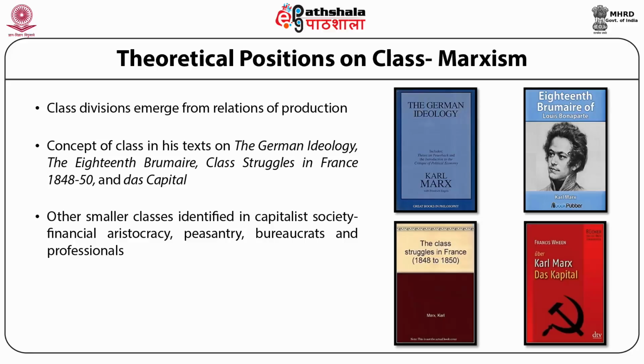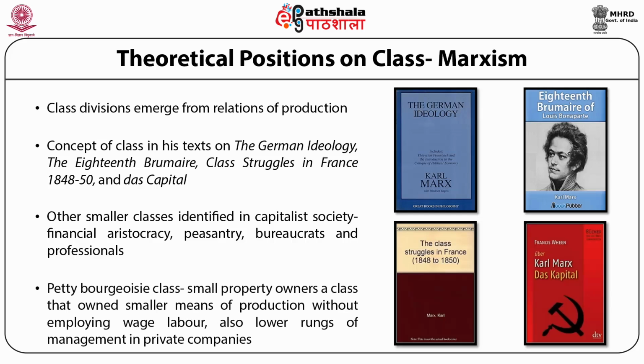One class that has been found to play a very significant role in capitalist society is the petty bourgeois class. In many cases, the exploitation is done by the petty bourgeois class. Now, who is a petty bourgeois? Petty bourgeois is a particular class in the capitalist society. Petty bourgeois, according to Marx, refers to small property owners.